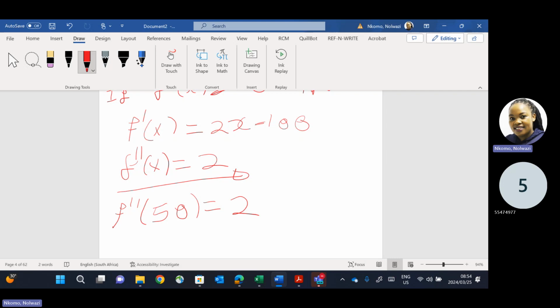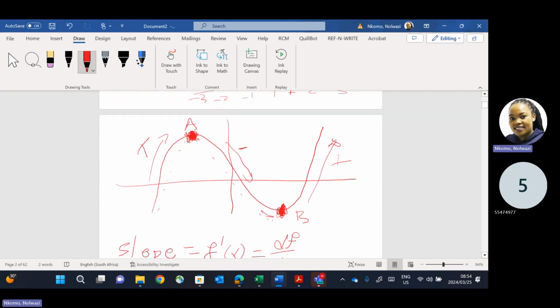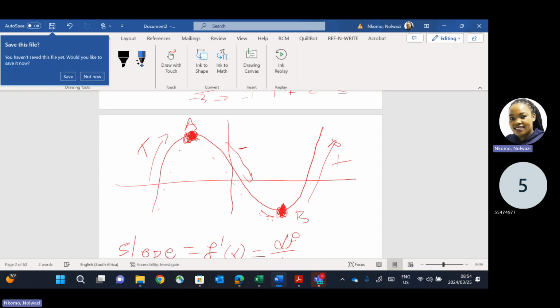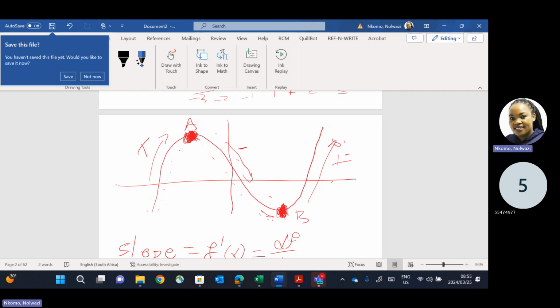We were finding the minimum or the maximum point. Remember, I said on this function, if you have a function like this, and this is the maximum point and this is the minimum point, from here to here the function is decreasing. From here to here, the function is increasing. But how do you find those intervals? You know that this is the maximum, this is the minimum, right?